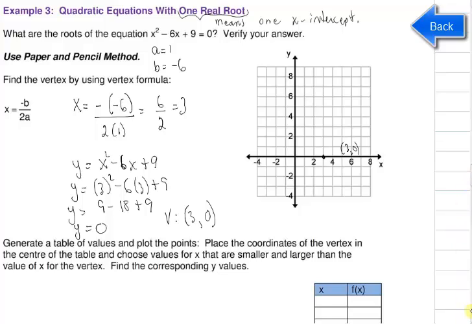Now, what I want to do next is to generate a table of values and plot the points. I want to place the coordinates of the vertex in the center of the table, and I want to choose values for x that are smaller than my 3, and I want to choose values for x that are larger than my 3, and find the corresponding y values.